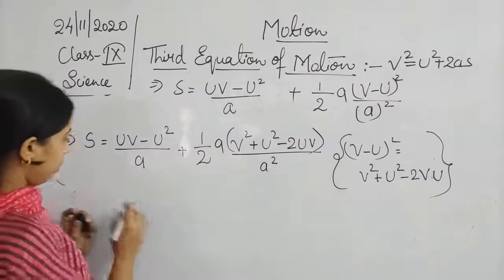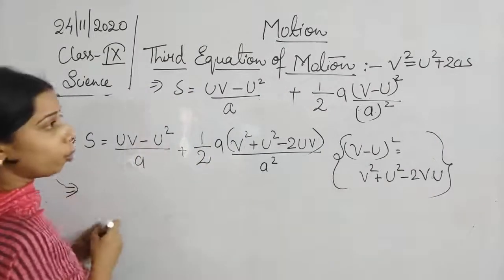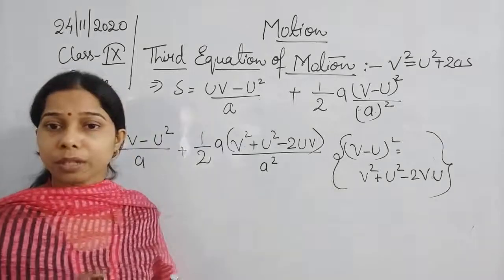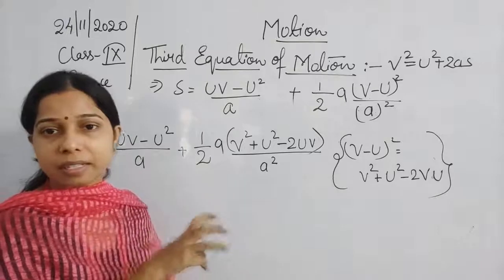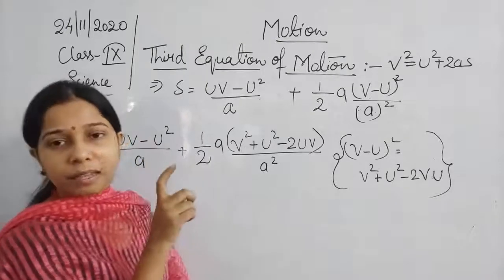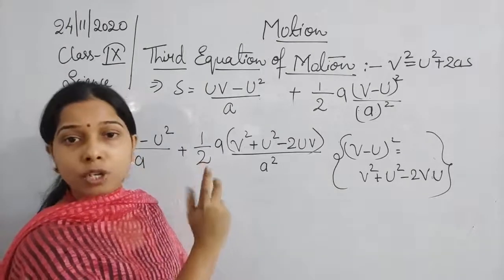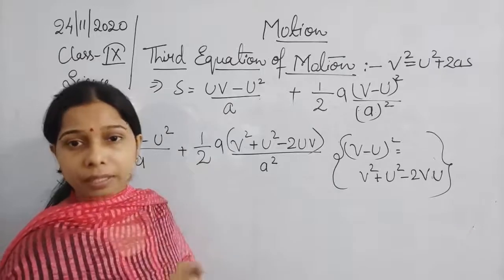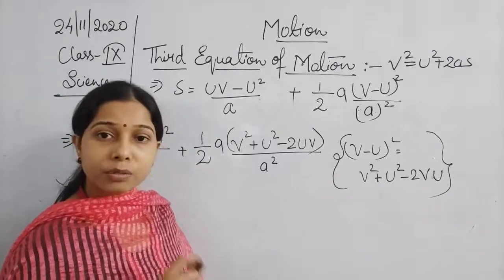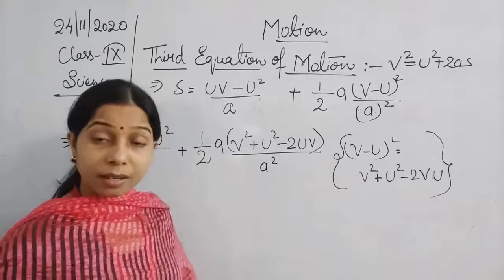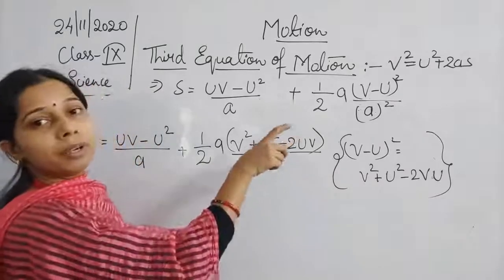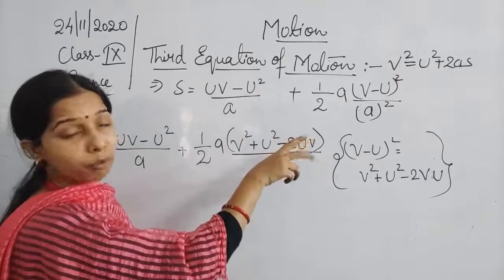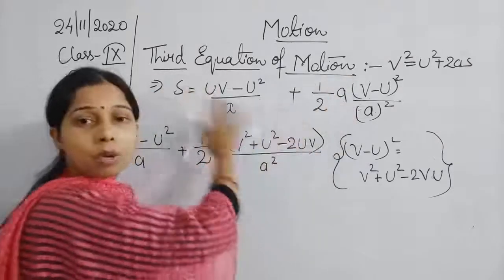Now, next step can be, I hope you have understood how I am doing that. First of all, I took the first and the second equation, and in the first equation we will rearrange so that we get the value of T, and the value of T is V minus U upon A. Now V minus U upon A will be put as the value of T in the second equation of motion, and ultimately we will get this whole value.